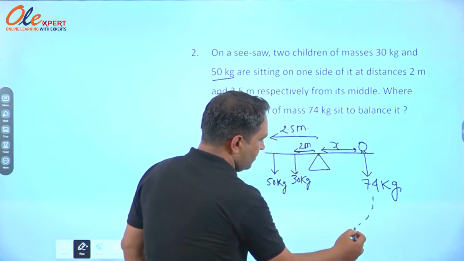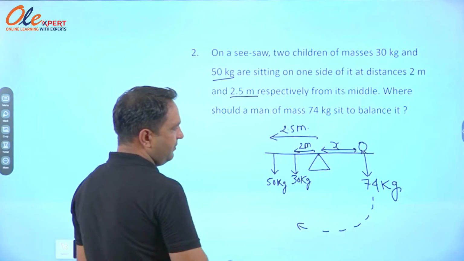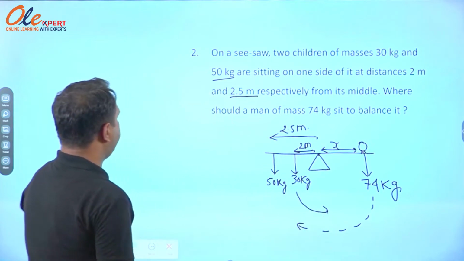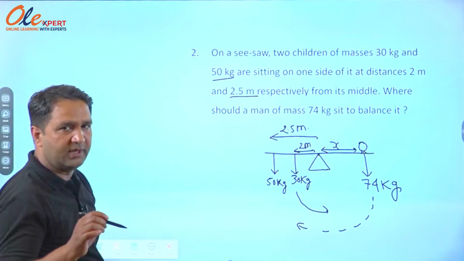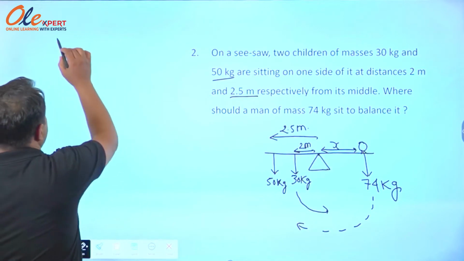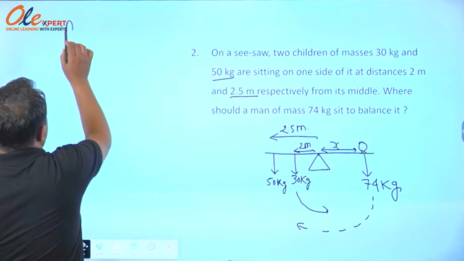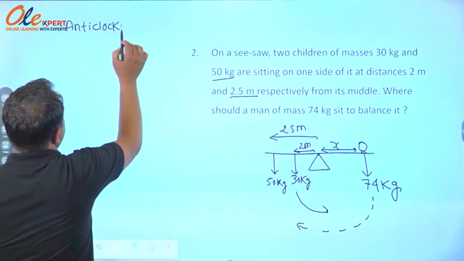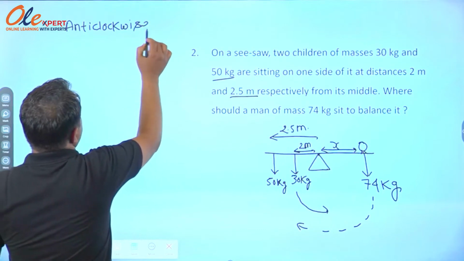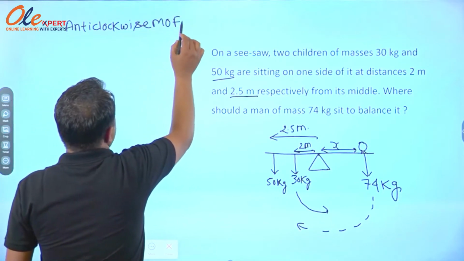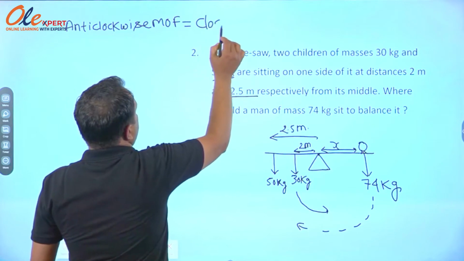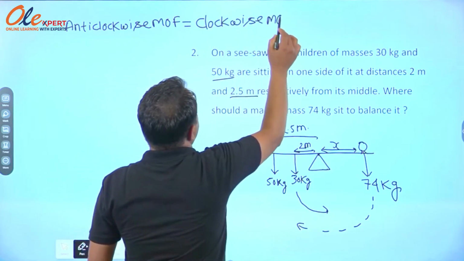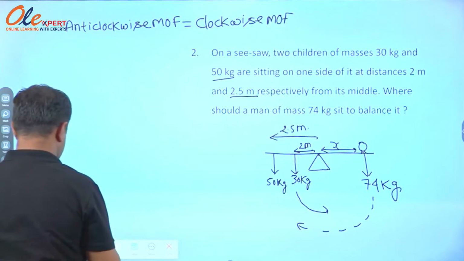This will do clockwise moment and this will do anti-clockwise moment. So, applying the principle of moments, we will get anti-clockwise moment of force should be equal to clockwise moment of force, right?